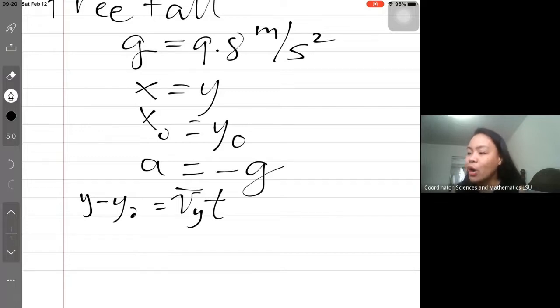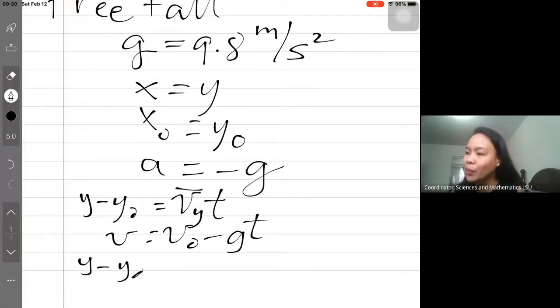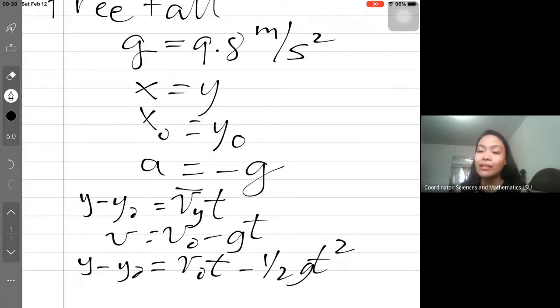And we have for our second, v is equal to v sub o minus gt. Rather, y minus y sub o is equal to v sub o times time minus 1 half gt squared. Again, take note we are using negative because of the acceleration due to gravity, which is going towards the Earth's core or going downwards.